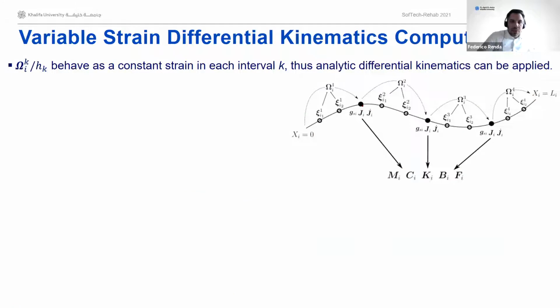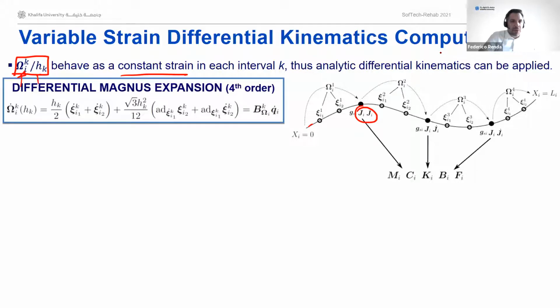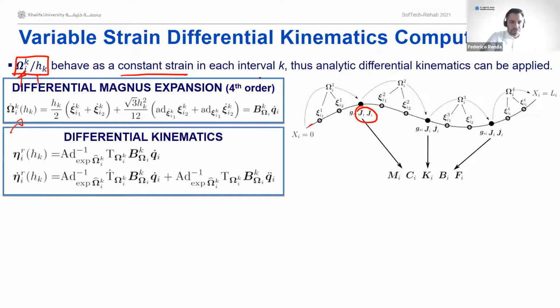Let's see what we can do for the Jacobian and its time derivative. What we observe is that gamma over h, where gamma is the approximation of the Magnus expansion and h is the length of an interval between 2 Gaussian quadrature points, behaves as a constant strain approximation, if you want. So we can apply the analytic formula we found before. To do that, we need to take also the time derivative of this approximation of the Magnus expansion.